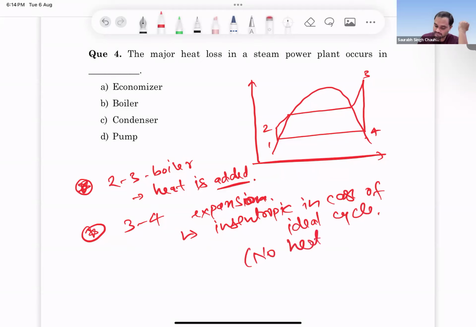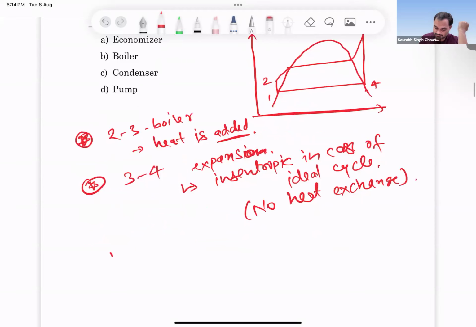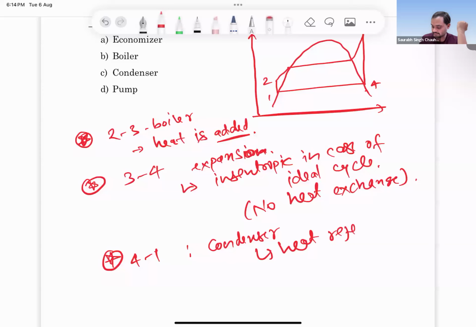So no question of heat loss. Then 4 to 1, in condenser, heat is rejected. Condenser, this is the heat rejection process.